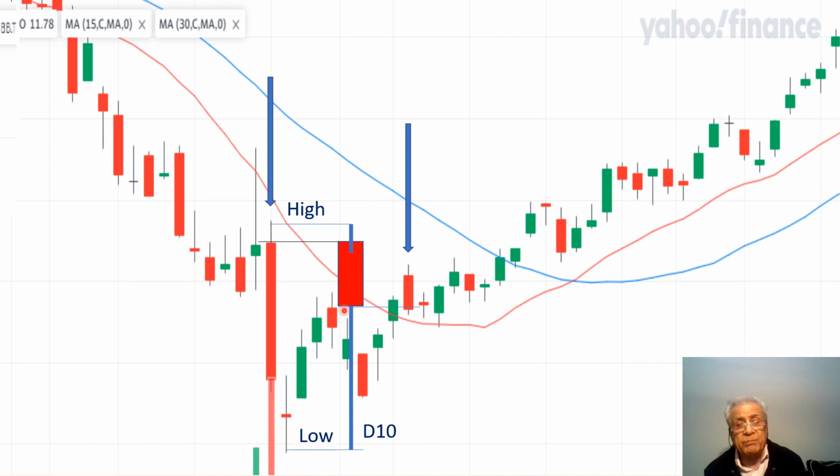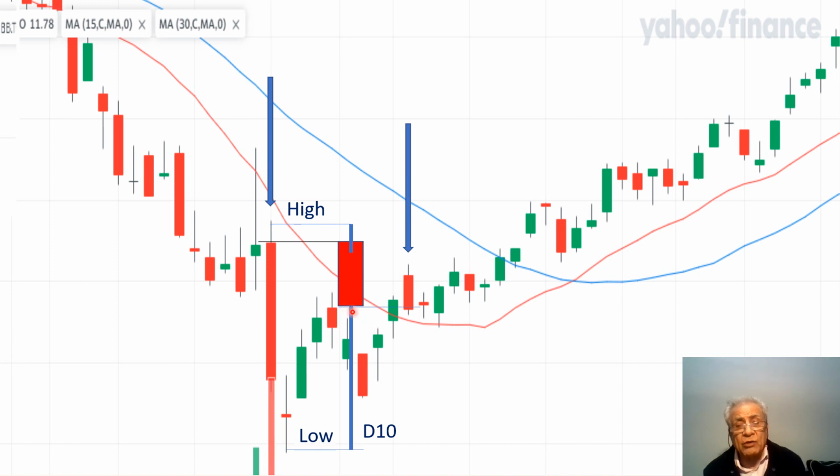So we get this big, long lower shadow, a hammer. That is a very good indication that the buyers have very strong power in this portion and wanted to push the price even higher.